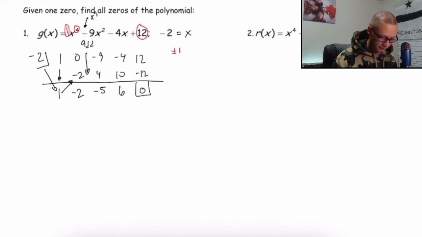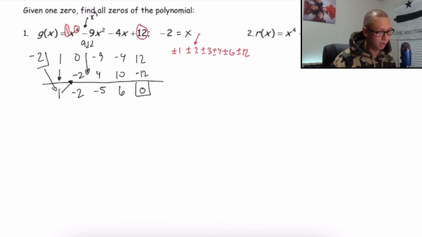Plus or minus 1, plus or minus 2, plus or minus 3, plus or minus 4, plus or minus 6, plus or minus 12. All right, so one of these numbers, technically -2, that was on the list, so it'll work. We could try 1, -1, maybe +2.